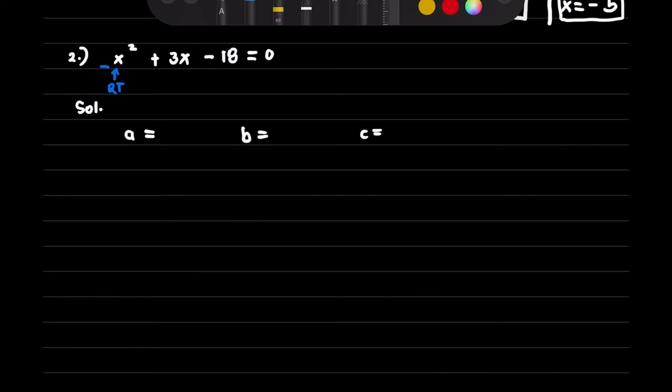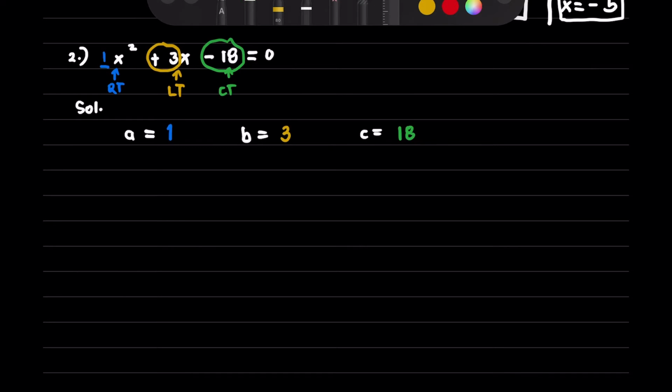So, ang value ng A natin is yung katabi ng x squared. So, that is 1. Ang value naman ng B natin is, ito yon, yung sa linear term, at yun yung positive 3. At yung value ng C natin is yung nasa constant term. And that is negative 18.